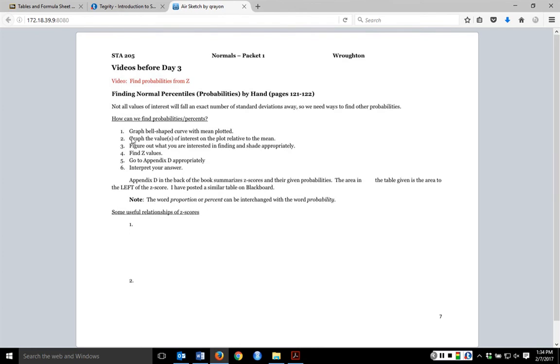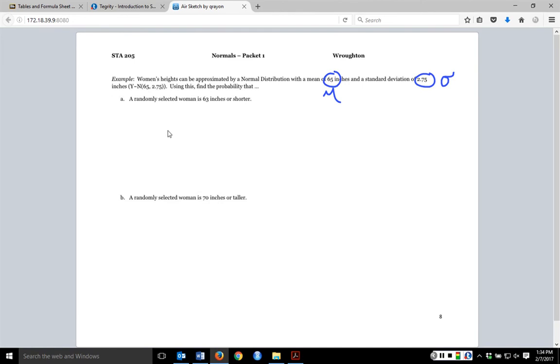So I go back here, I'm going to go through these steps. The first thing I'm going to do is graph my bell-shaped curve and put the mean on it. I'm also going to put my little increments of my standard deviation on here as well. Our mean is 65. I'm going to go 3 standard deviations in either direction, using this 2.75.